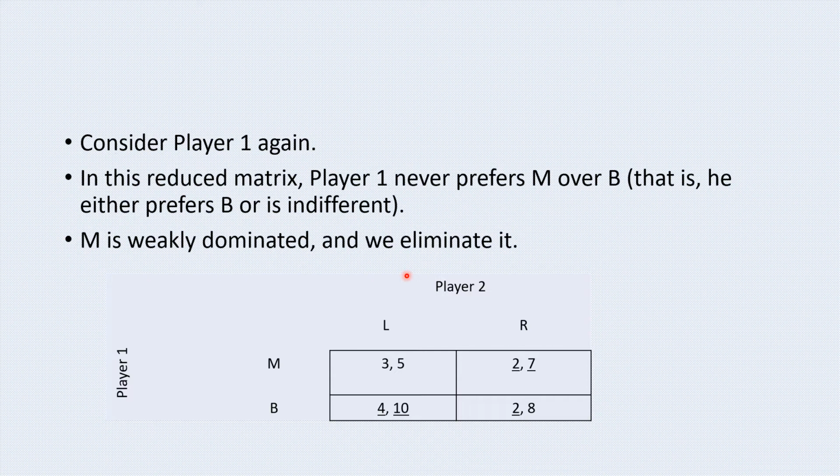The reason is he has nothing to gain by playing M. Whatever he gets by playing M, he gets at least that much by playing B, and hence we can eliminate M as well.